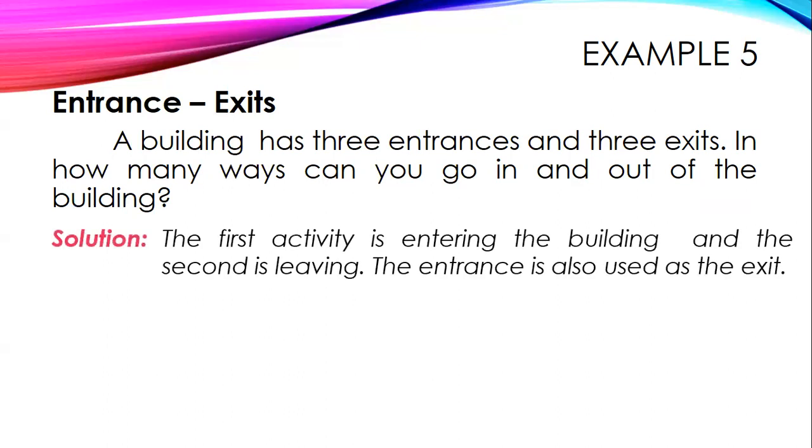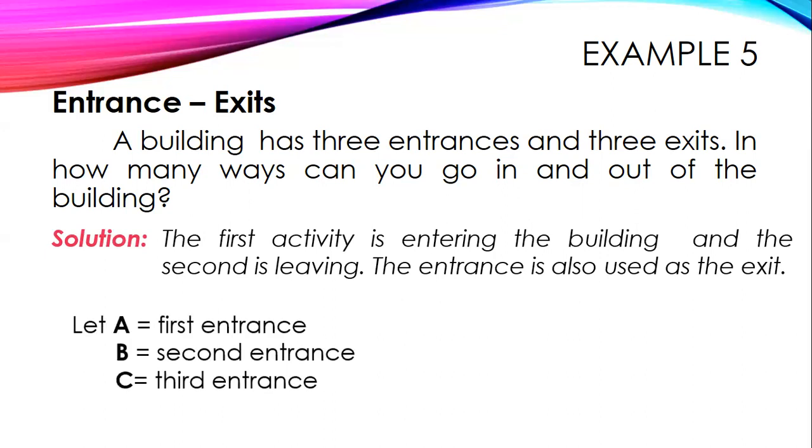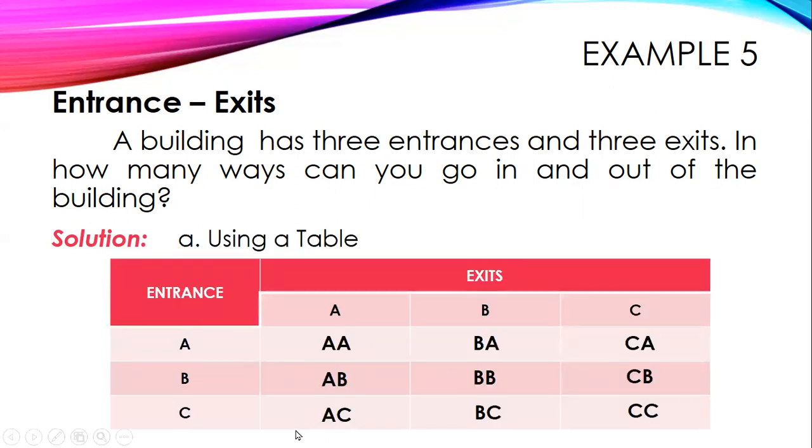So, the solution is the first activity is entering the building and the second is leaving. The entrance is also used as the exit. So, let's have a representation. A is the first entrance, B is the second entrance, C is the third entrance. So, para mapakita natin ng maayos, let's have a table. This is the entrance and this is the exit.